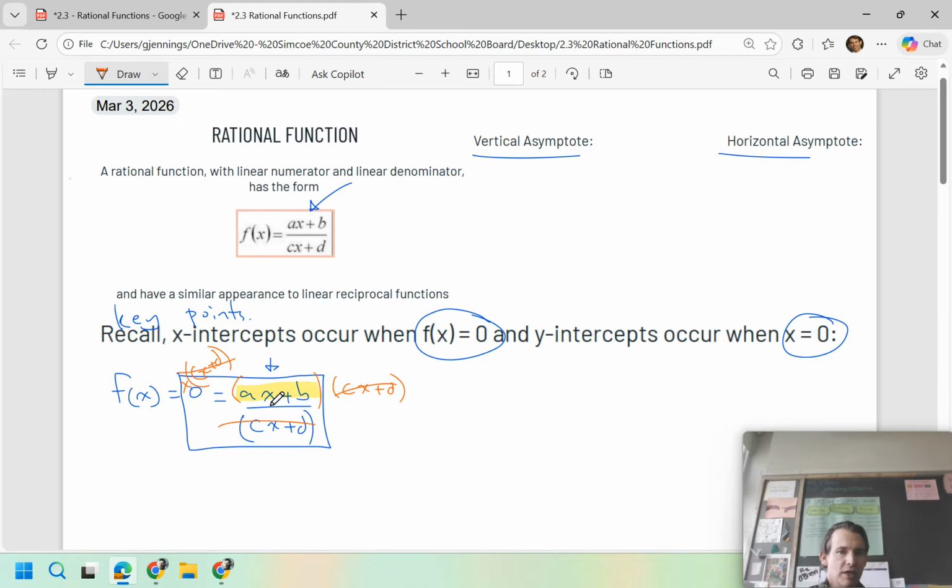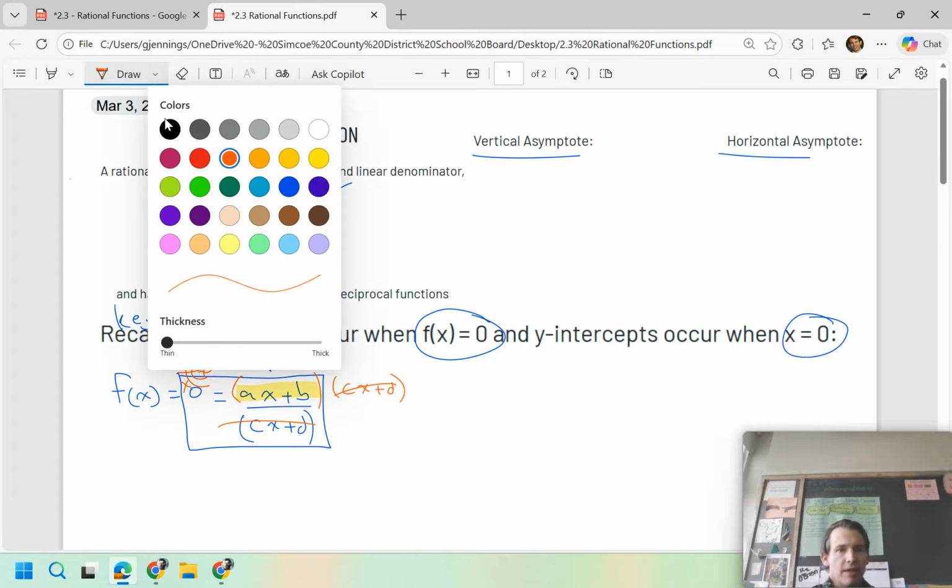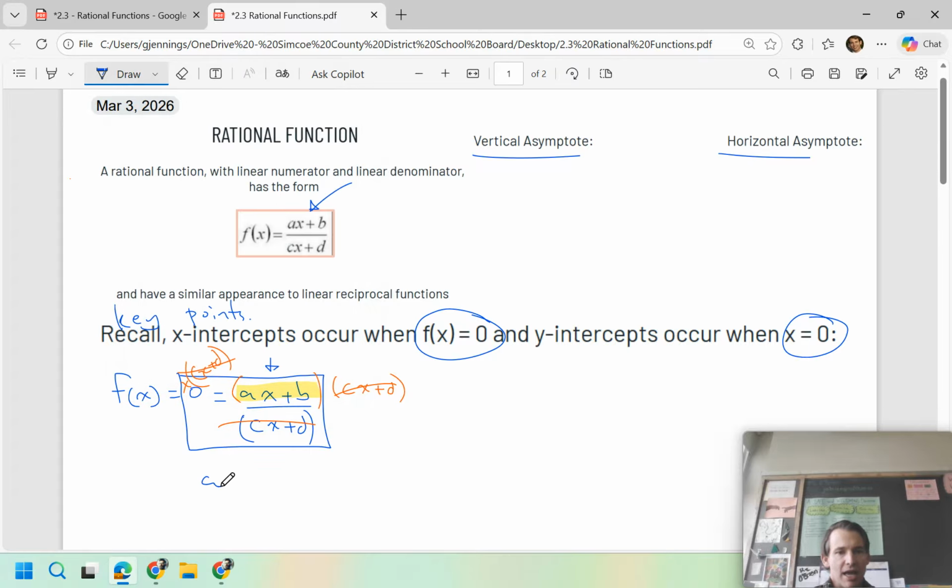This cancels, and you get what we talked about. So if we have ax plus b equals 0, then that means x equals negative b on a. That is always our x-intercept.